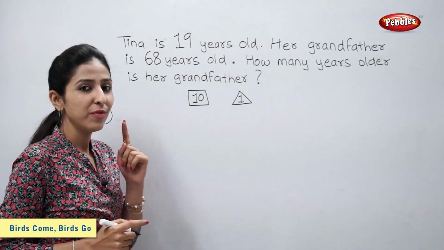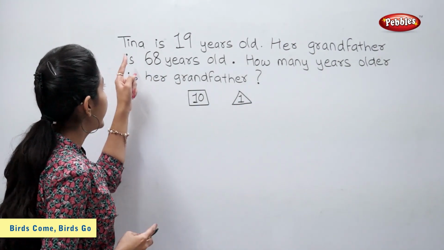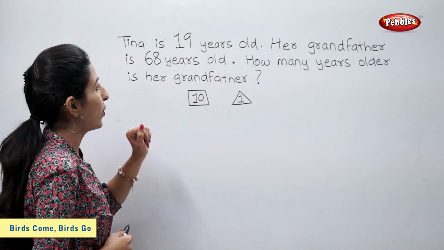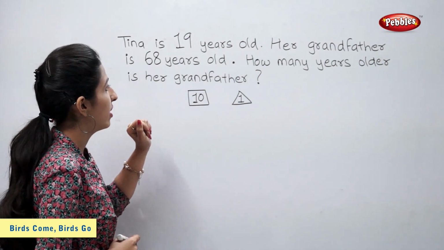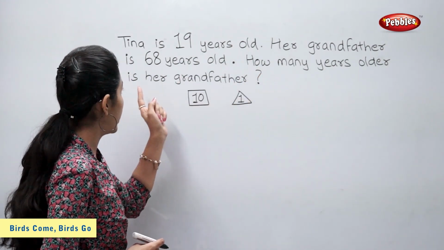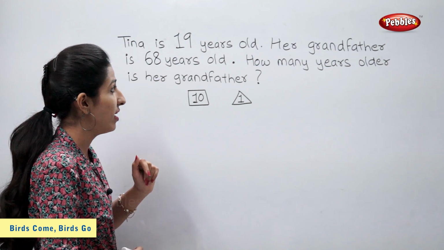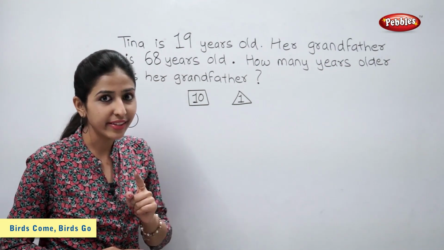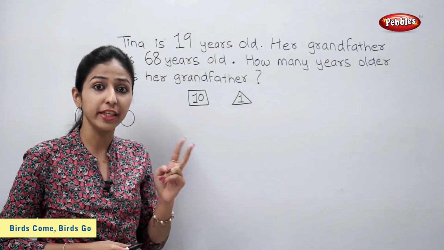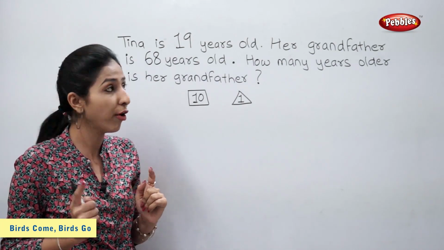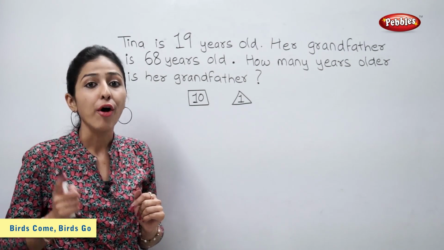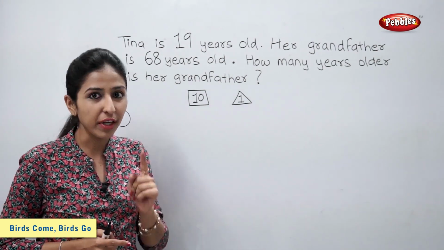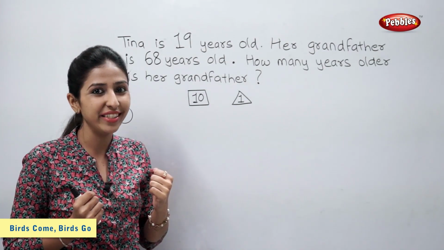Let us read the sum once again. Tina is 19 years old. Her grandfather is 68 years old. How many years older is her grandfather? So, in this sum, we have to find the difference between the ages of Tina and her grandfather. So, for finding the difference, we will have to subtract the numbers.